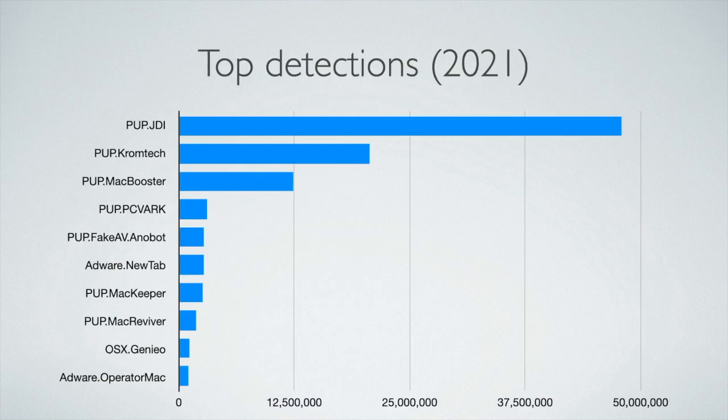So the top things that we have seen this year, and this changes every year, it's kind of interesting to watch how this changes. I think last year the very topmost item was PCVARC. They're a potentially unwanted program vendor, also known by some other names like Innovus, ThinkLabs, and Systweak. But this year, the top was JDI, which I believe stands for Just Do It, or Just Develop It, something like that.